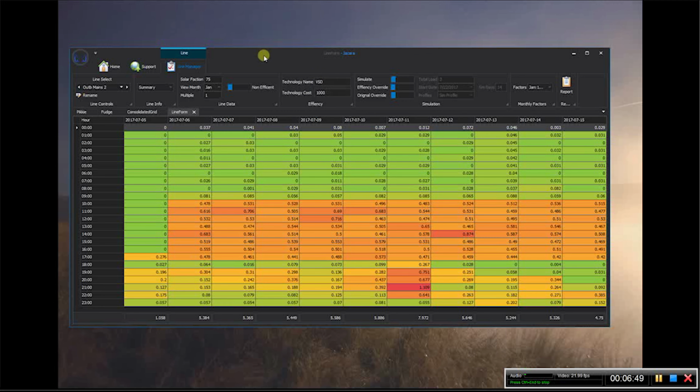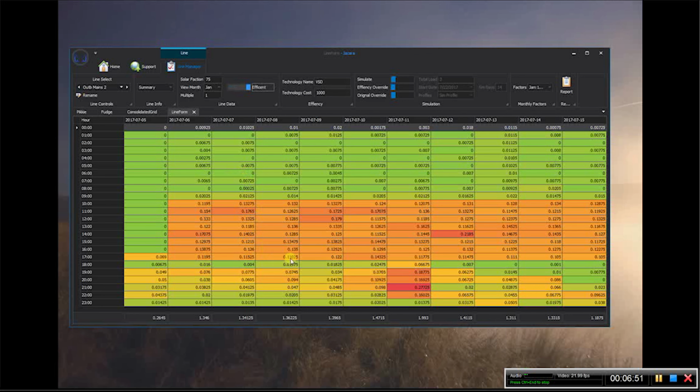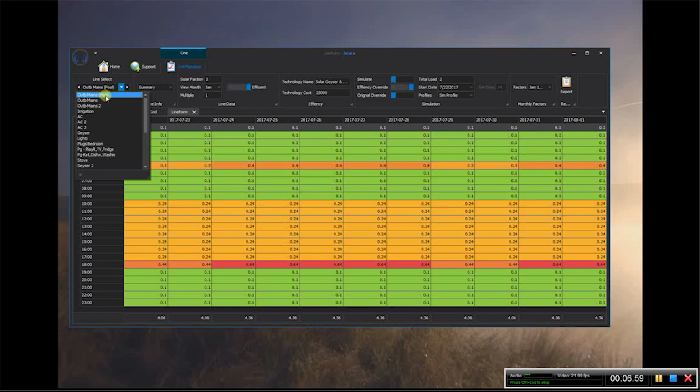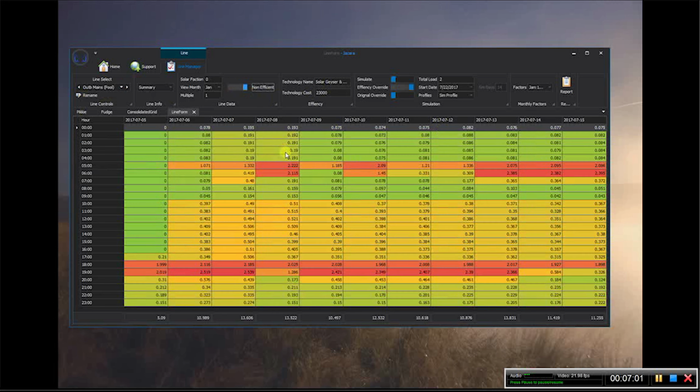There we go. You can look at the efficient side, and we should be about 140 watts. That's it, 140 watts. Okay, so that is what you do when you have multiple loads on a line. You go from where it was. The cost is the combination of them, and the technology combines all three of them.